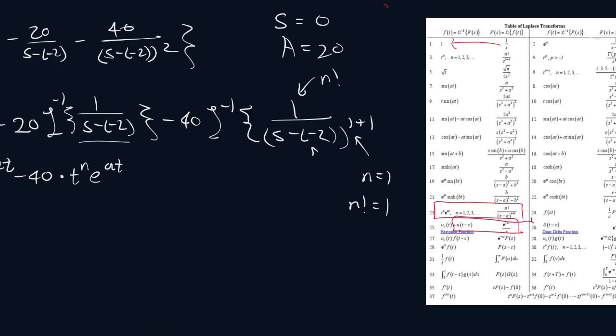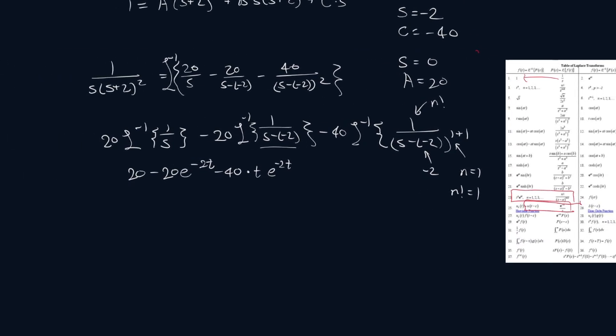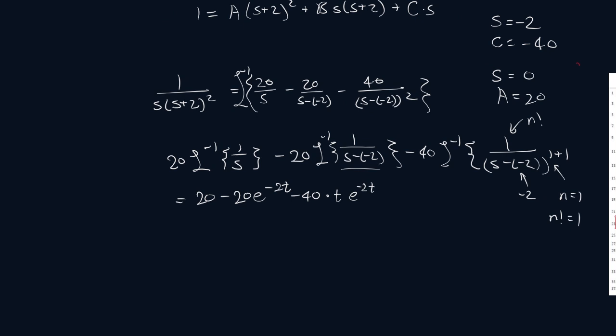Your a is this, minus 2, and your n is supposed to be 1. Okay, so there we go. This will be your Vo(t). And you can factor out the 20. And this formula is only for when t is greater than or equal to 0.